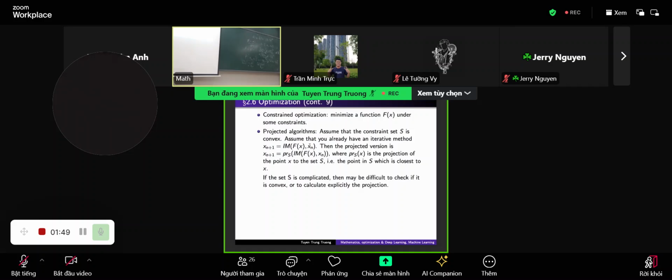And actually, if you apply this to gradient descent, for the projected gradient descent, people have examples where you have a function with two minima, and then you have a line, and on that line you have a starting point for this function.